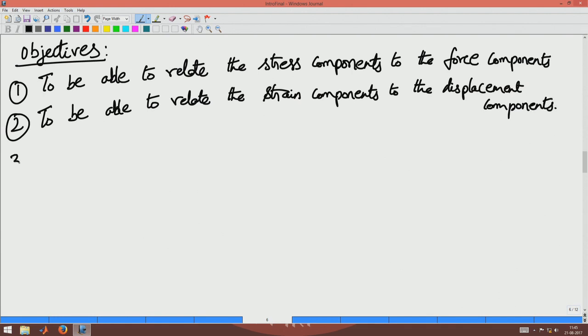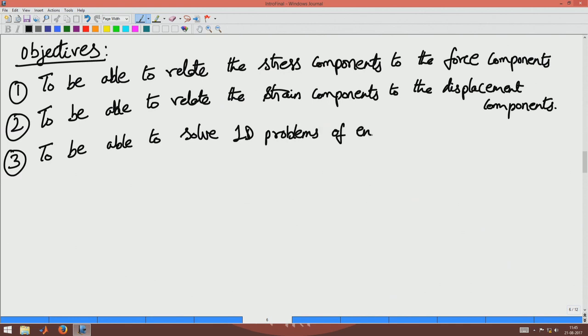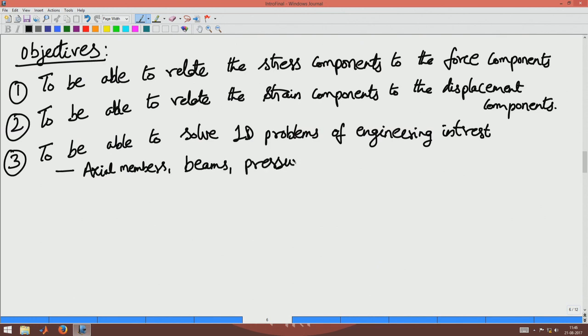The third objective of this course is to be able to solve one dimensional problems of engineering interest, like axial members, beams, pressure vessels, torsion members.